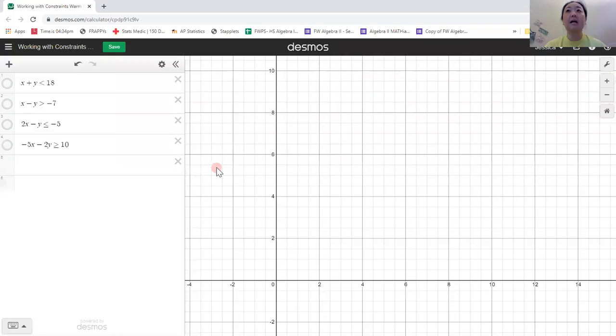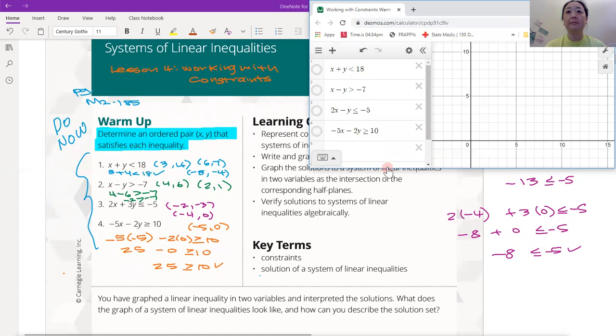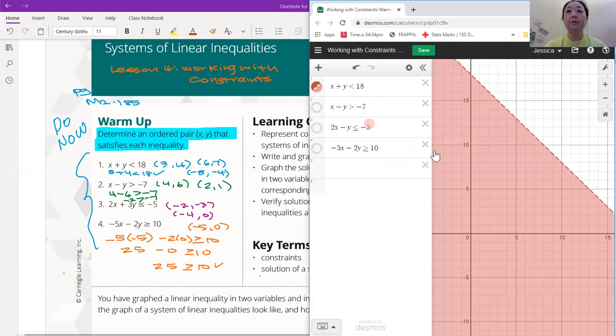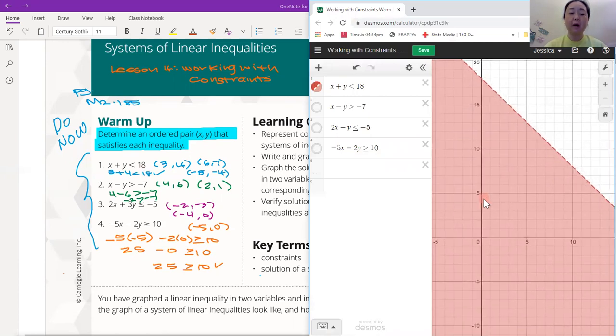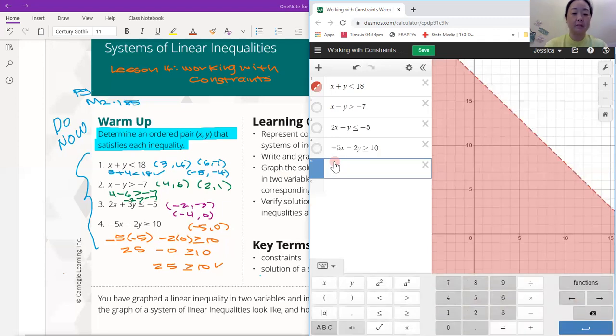And if you take a look at this graph right here, let me just make it a little bit smaller. All right, and if you notice right here, this is where x plus y is less than 18. I'm going to plug in the points 3, 4. You notice where it is.